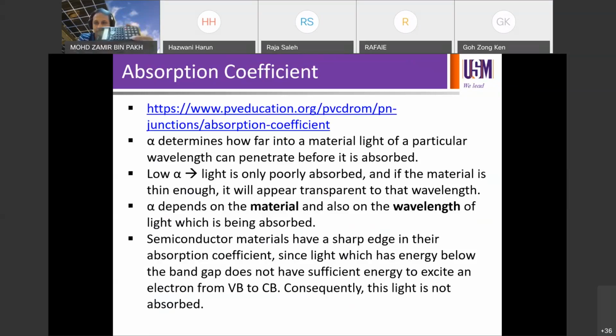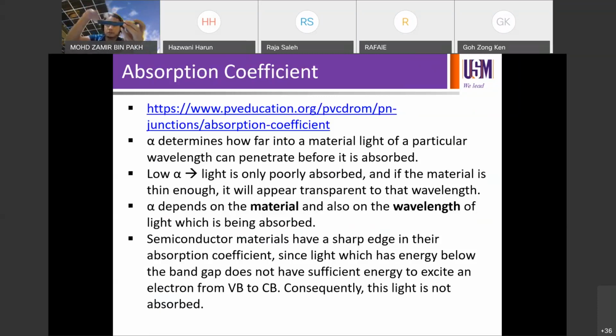If you look at this cross section, you have many photons incident from the top, and the material is only thin, so the volume is not enough, the thickness is not enough for the photons of the respective wavelength to interact with the material before it is absorbed. So there will be little light-material interaction.